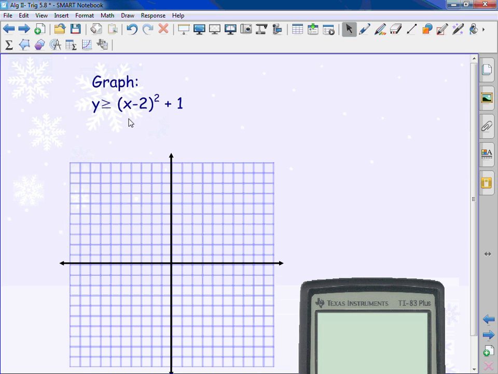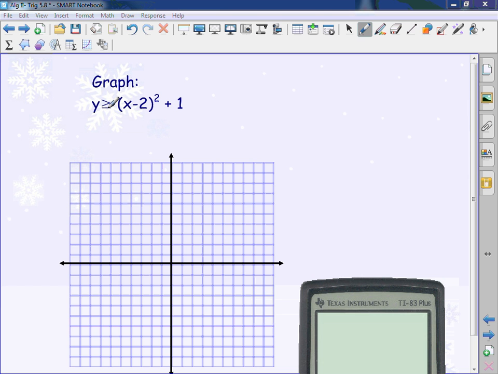But since I have y is greater than or equal to x minus 2 squared plus 1, I need to graph. So on your graph paper, make an xy axis. When I graph this, what form is this in? This one I know.